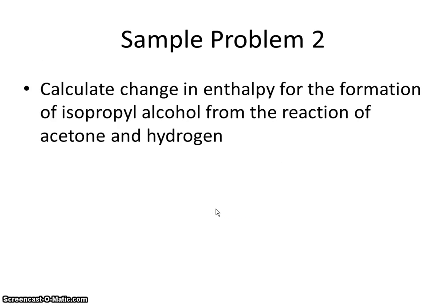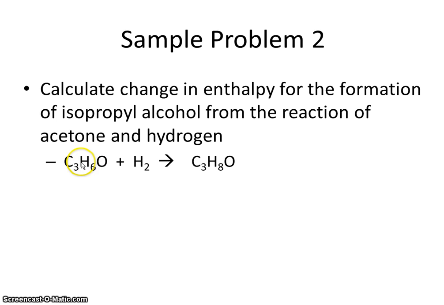Our last example, let's look at a problem of the formation of the molecule isopropyl alcohol from the reaction of acetone and hydrogen. Well, this is an organic reaction. There's the equation. If you were only given this information, you don't exactly know, just by looking at the molecular formula, how these atoms are arranged.